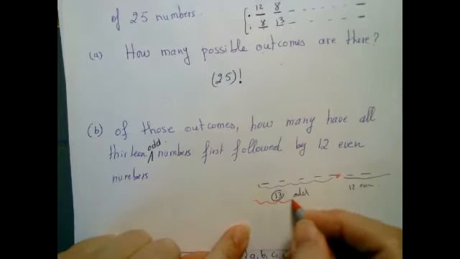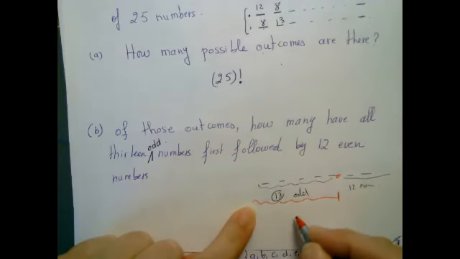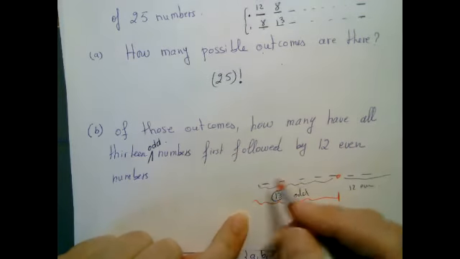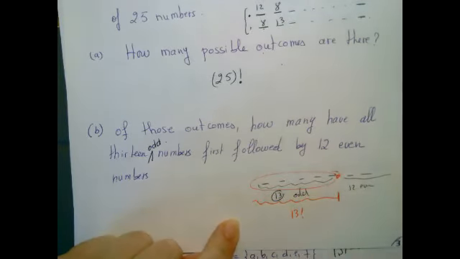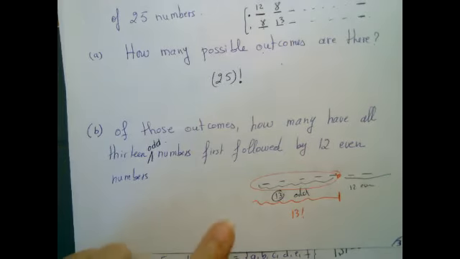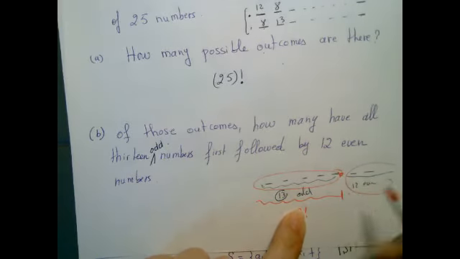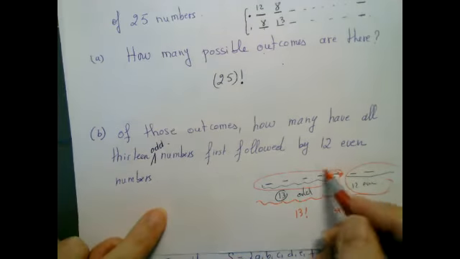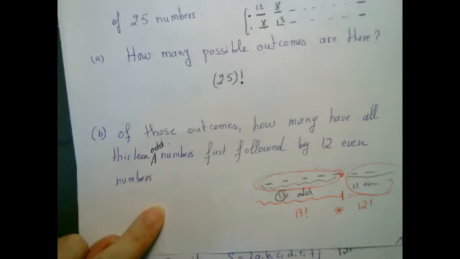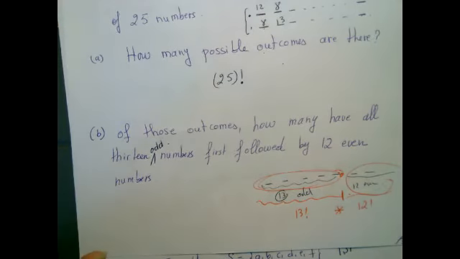So the first 13, first there are 13 factorial ways to choose the first. And for each one, there are 12 factorial, like the multiplication principle, to pick the second. So now I pick my 13 odd numbers. I have 13 factorial ways to do it. And for each one of them, I have 12 factorial to pick my even numbers.